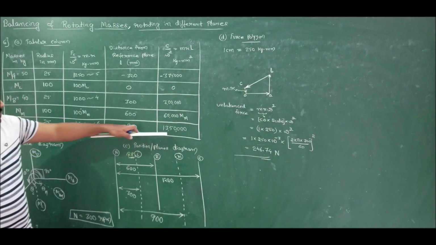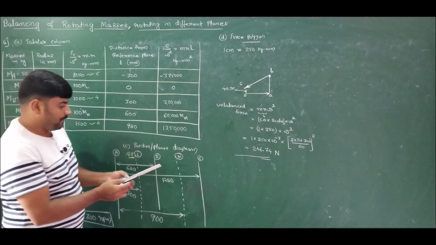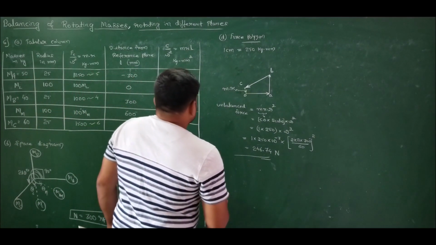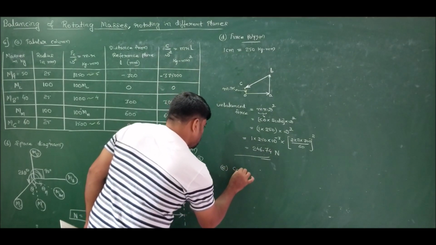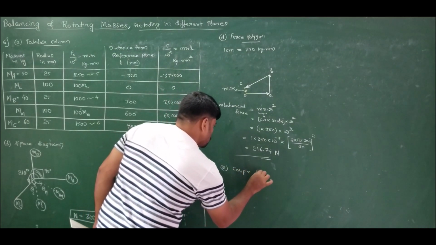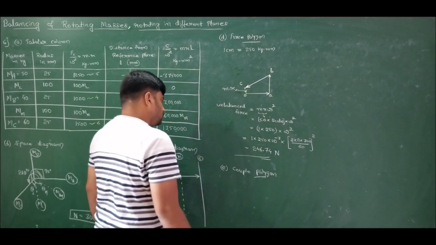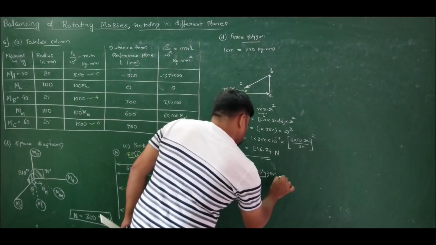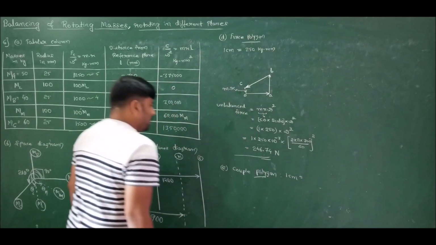Therefore I will equate this to 10 centimeters and adopt the scale. Moving to E, that is the couple polygon. From the couple polygon I want to choose a scale. I will choose a scale of 10 cm.